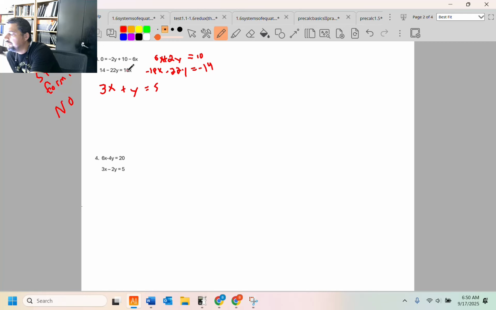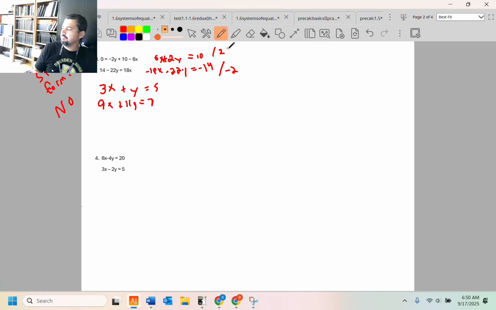I don't see why I couldn't. Make that 9x plus 11y equal to 7. I'm going to divide out the negativity, by the way. Divide it by -2. So I divided by a -2 and I divided by 2 just to make the numbers smaller. No other reason. It just ought to work better with smaller numbers. I'm going to make sure I don't have any mistakes.